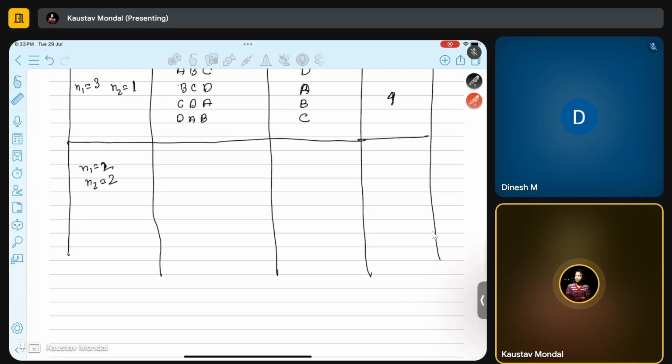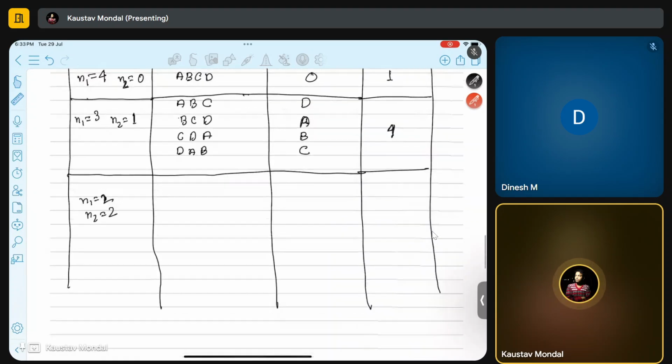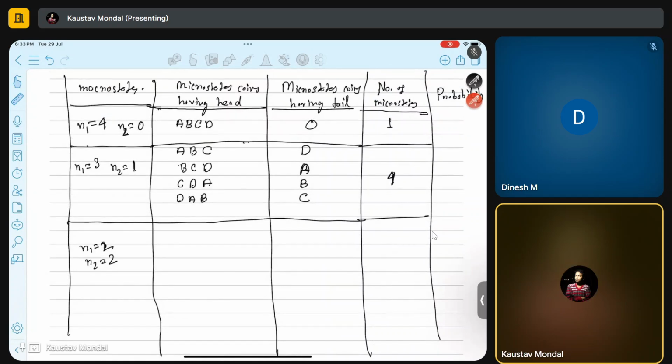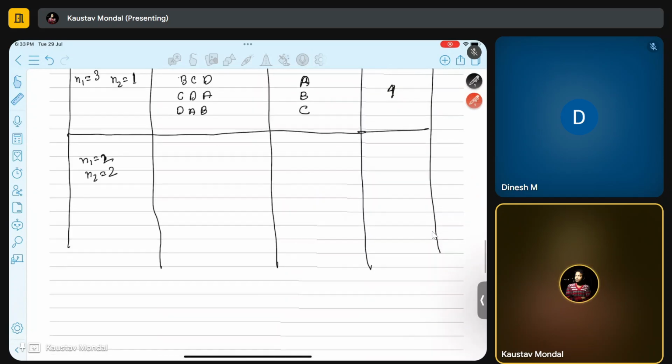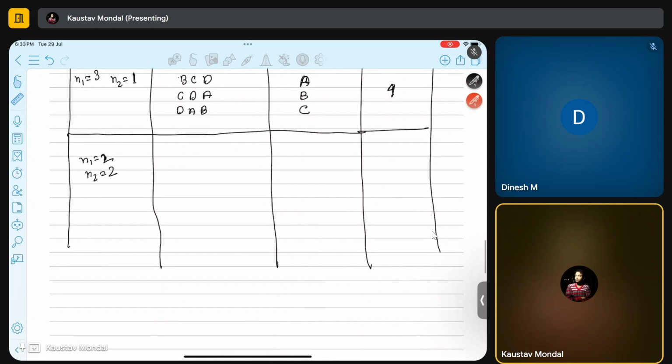Okay, so now for this particular macro state, the coins having head would be A, B, then in that case C, D would be the coins having tail.